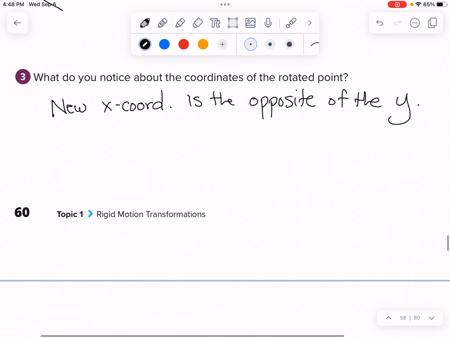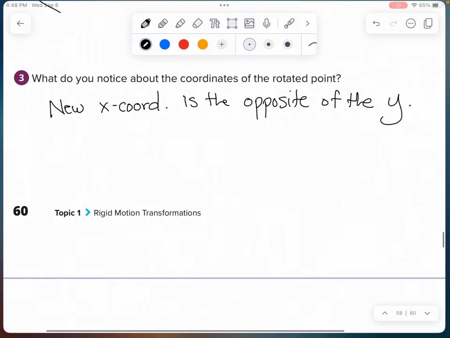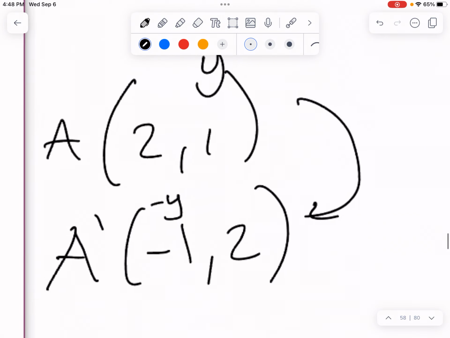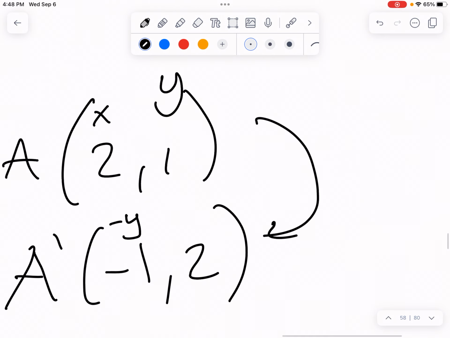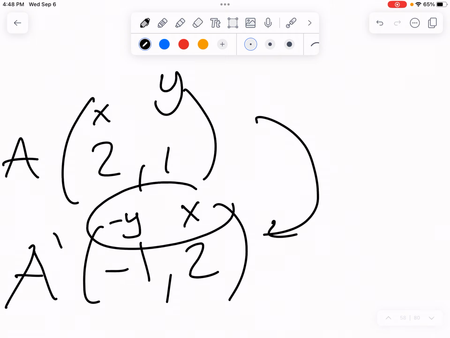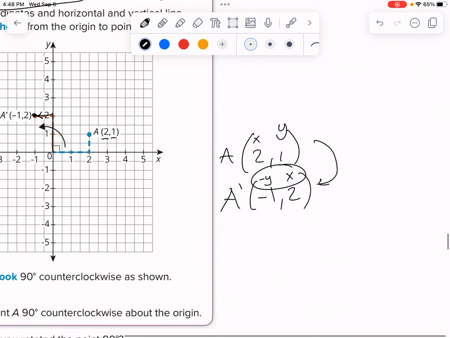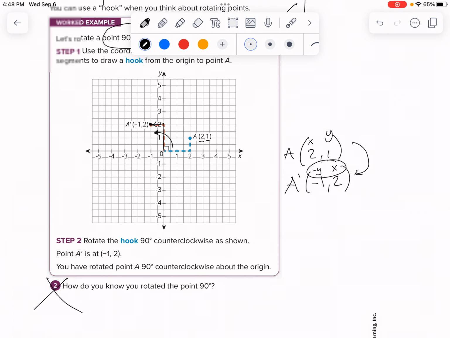And the new y is the original x. Looking over here, 2 was x, and now I moved that over here. So this observation is important to notice. This is the rule for rotating 90 degrees counterclockwise. But we're going to explore this a little bit more on the next page.